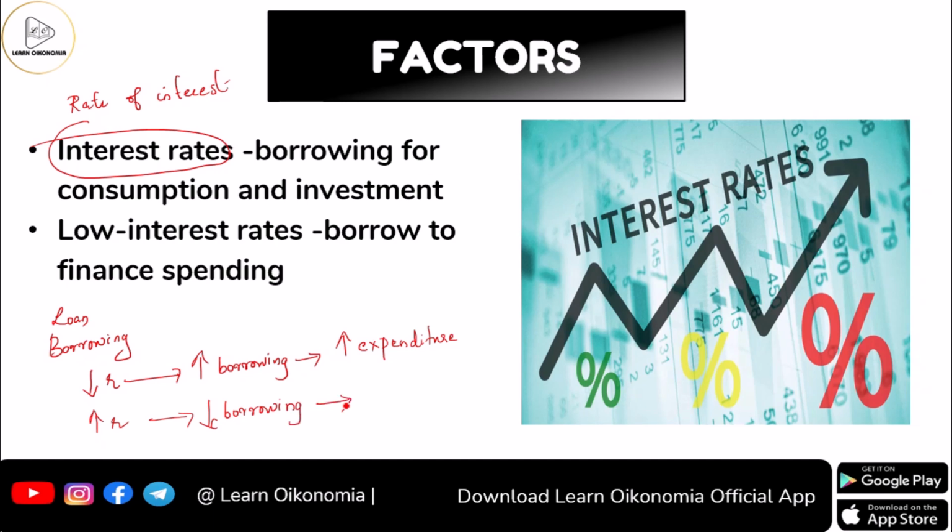For the very same reason, people will not have enough money with them as a result of reduced borrowing. So this will make them reduce their expenditure. We have already said that autonomous expenditure is independent of the level of income, and for the very same reason we are not considering income here. We are just considering other factors that influence autonomous expenditure.